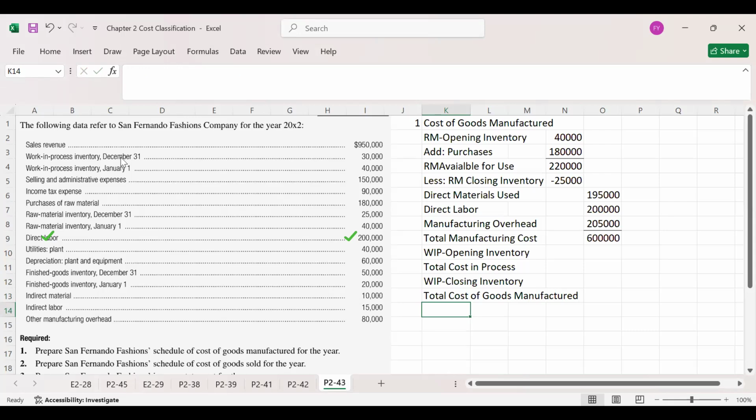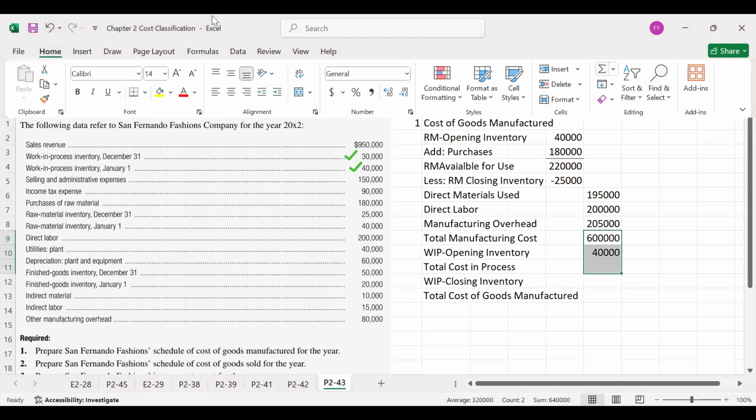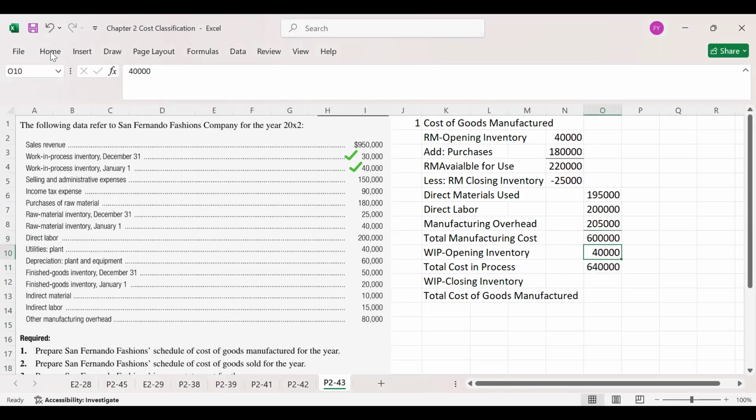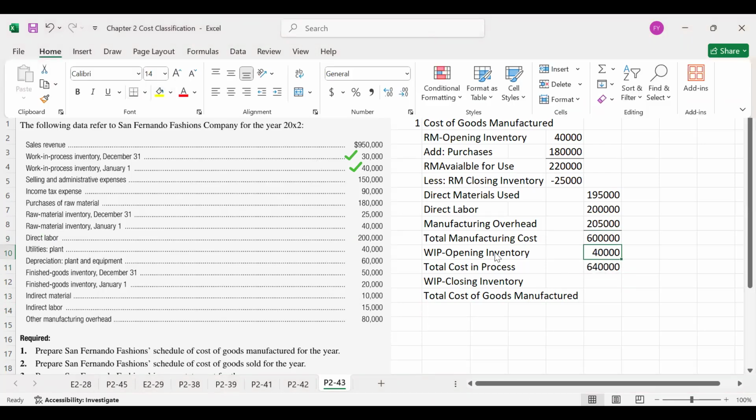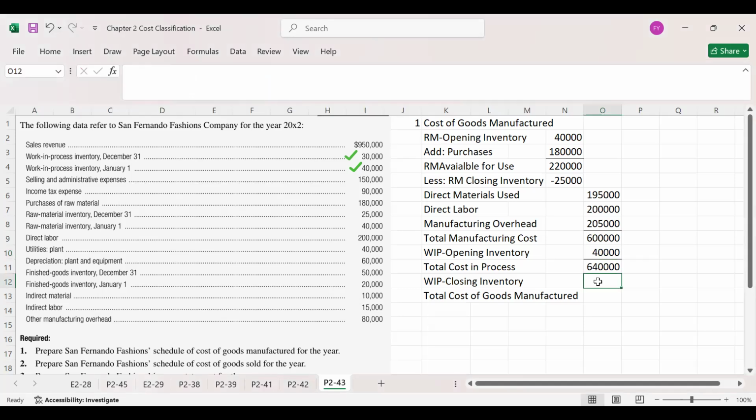You can see that here January 1st is your opening inventory and December 31st is your closing inventory. So the opening inventory is $40,000. We add it, and then we will deduct closing inventory, which is 30,000.